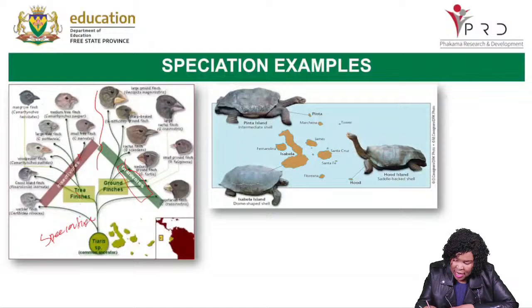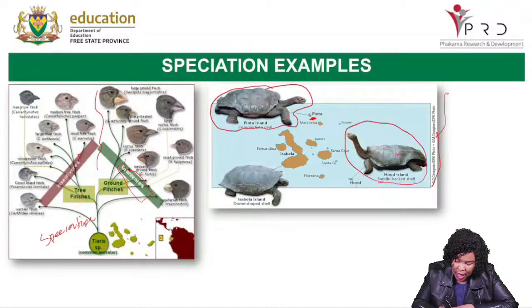Another example that you can check is the Galapagos tortoises. You can see here is Pinta. The Pinta is that small piece of land there. So on Pinta Island, you find this type of tortoise. And here on Hood, you find the Hood Island tortoise. And look at the saddle-backed shell, intermediate shell, and then here the dome-shaped shell.